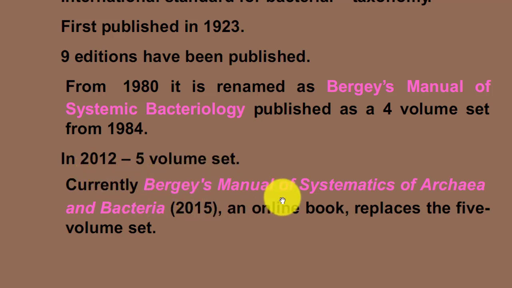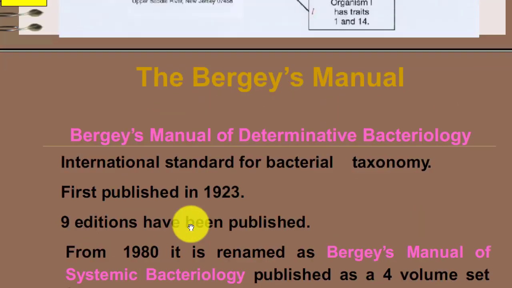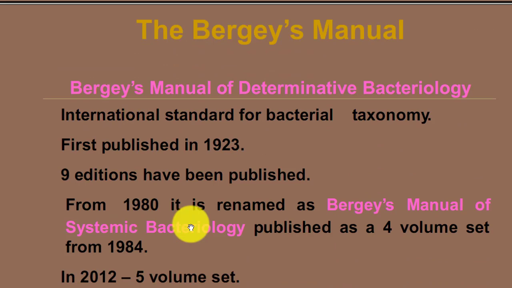Currently, it is Bergey's Manual of Systematics of Archaea and Bacteria. In 2015, one online book replaced the 5 volume set, and we depend on this manual for the taxonomy of bacteria.